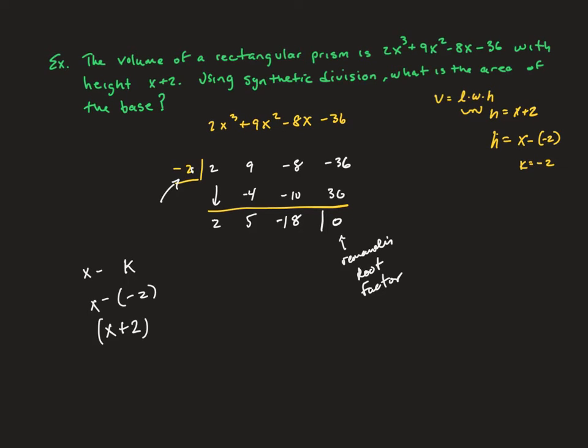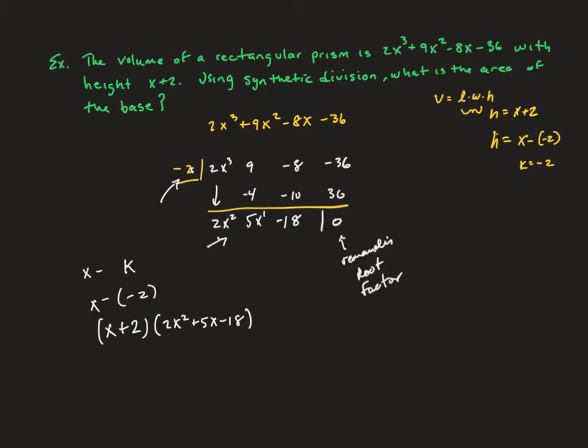And then my area is going to be the quotient that was left over. So again, this was x to the third, so this is going to become x to the second, x to the first, and then constants. So my next quotient is going to be 2x squared plus 5x minus 18, and that was synthetic division.